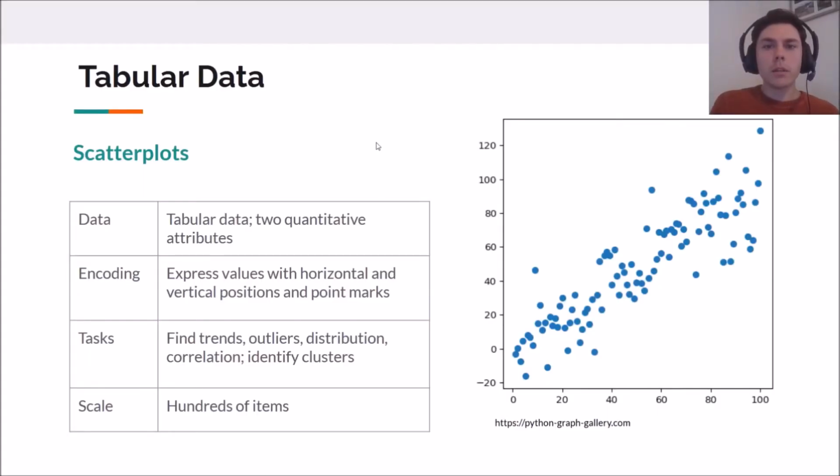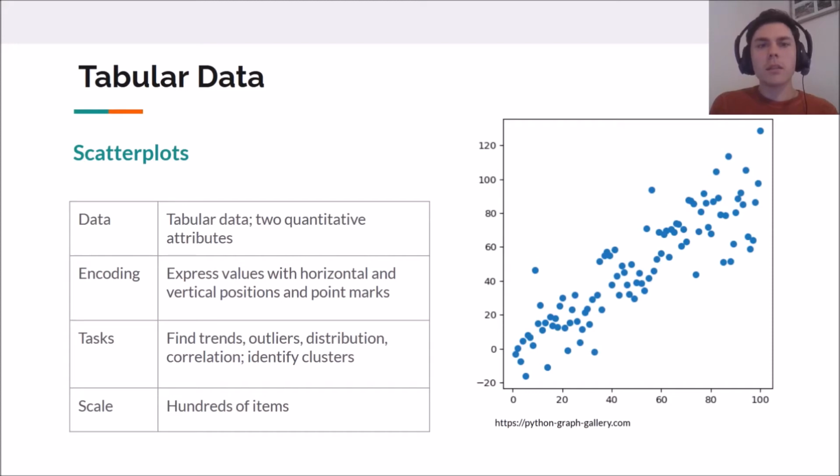For tabular data, one of the most widely used visualization techniques is the scatter plot. In the scatter plot, you typically have 2 quantitative attributes that are encoded in the x and y positions of the marks. Each mark stands for one data item.